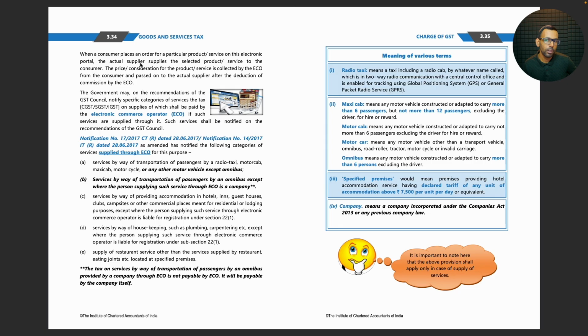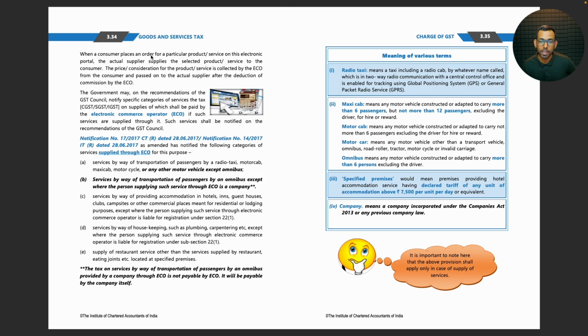So to give a quick example, let us say Uber is one such e-commerce operator or Ola is one such e-commerce operator. It provides the platform. We, the consumer, can book a cab. The taxi driver is not owned by Ola, neither the vehicle.